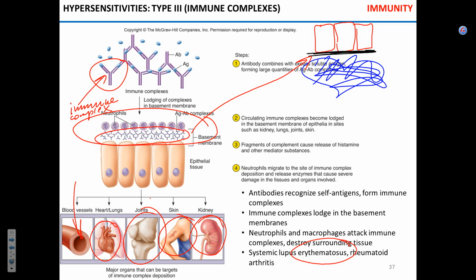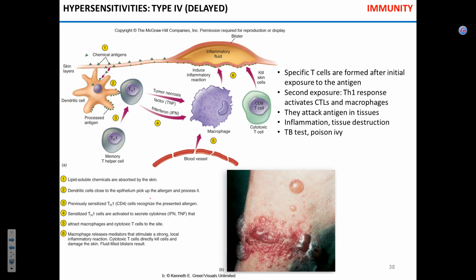They will stop everything across the board. But what you want, if you can, is to target a very specific mechanism. We'll talk about type 4, and then I will mention the specific disease where we stop a mechanism.